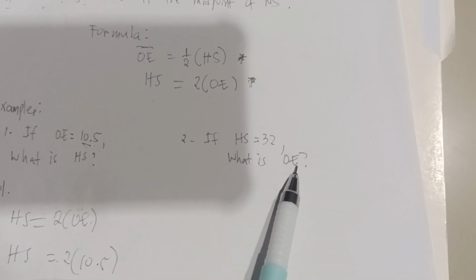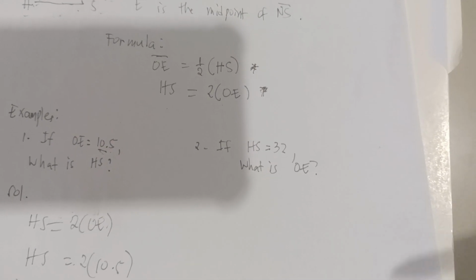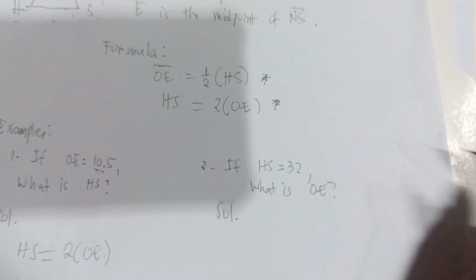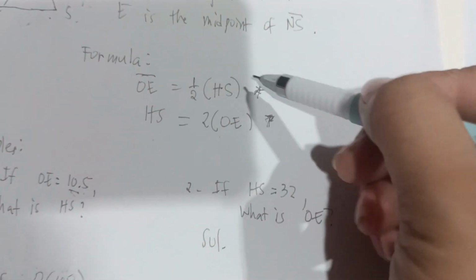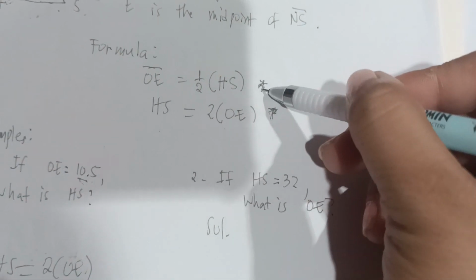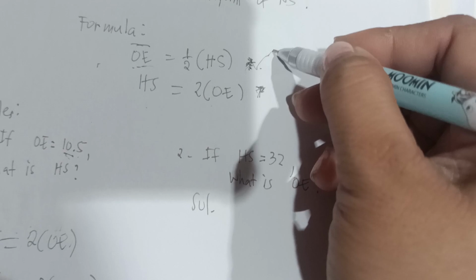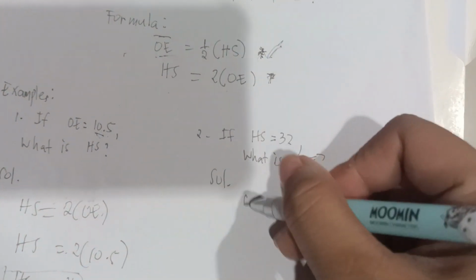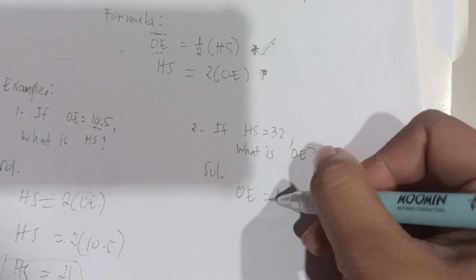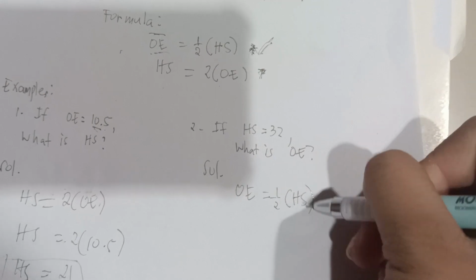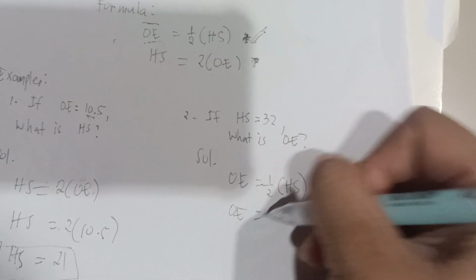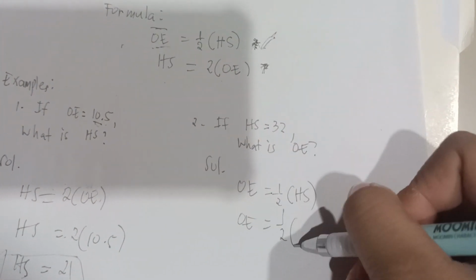That would be OA. So to formally write our solution, which formula will we use? This one, since OA is what we are looking for. OA is equal to 1/2 HS. Just copy 1/2.